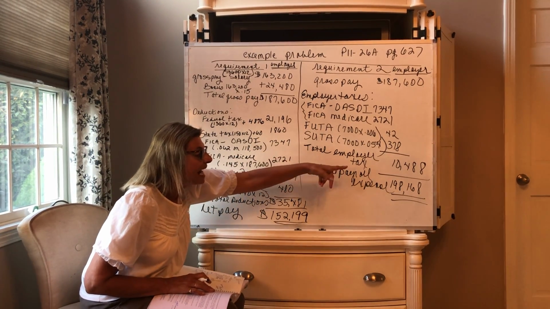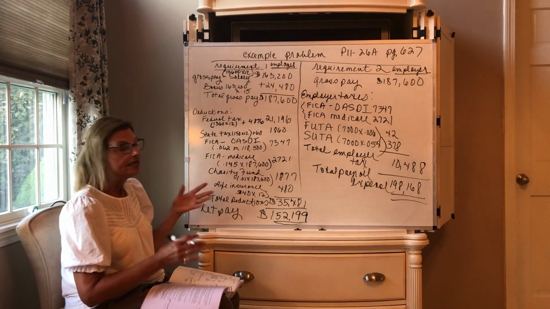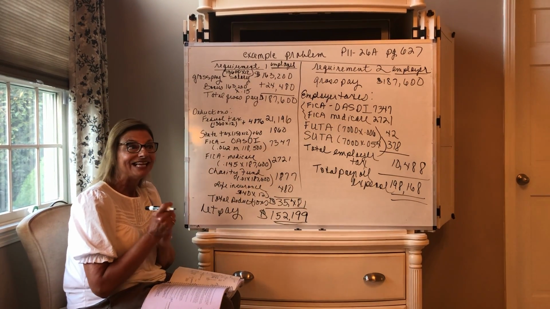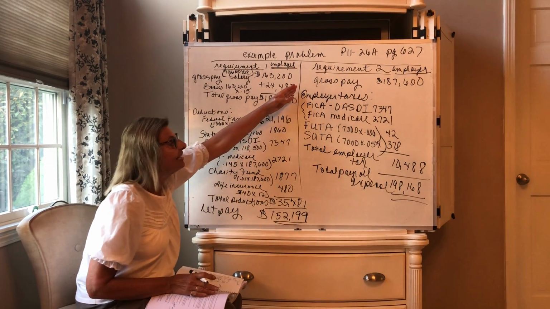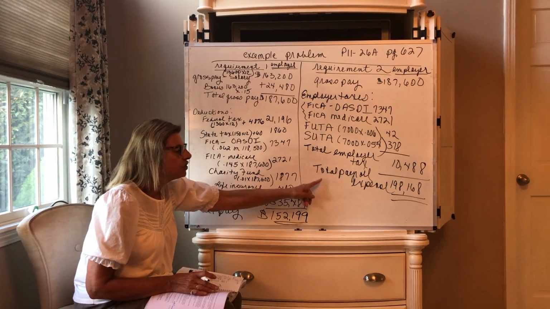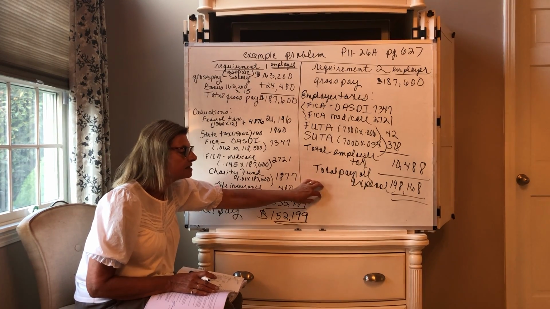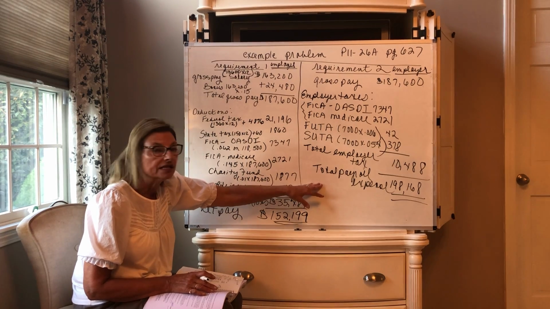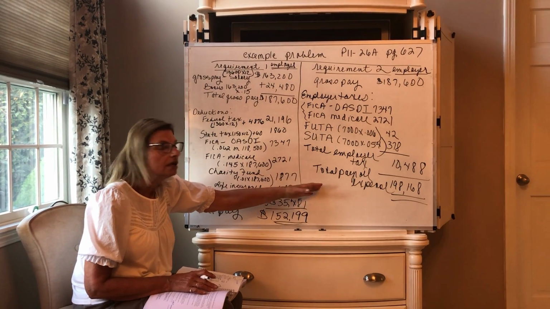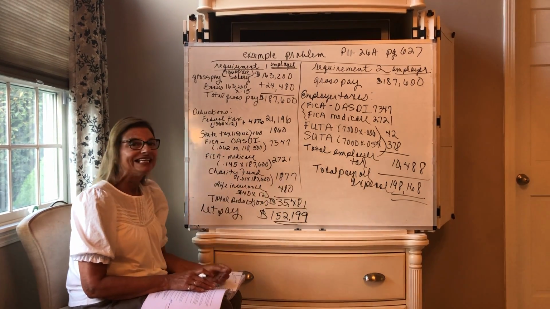Total employer tax for just this one person is $10,488. Of course, they made a lot of money. We add that to the gross pay. The total payroll tax expense, taxes plus pay for this one person to the employer, the salon, $198,168.